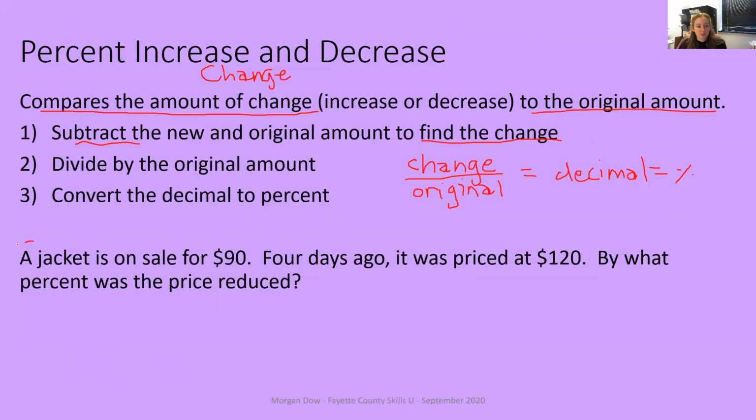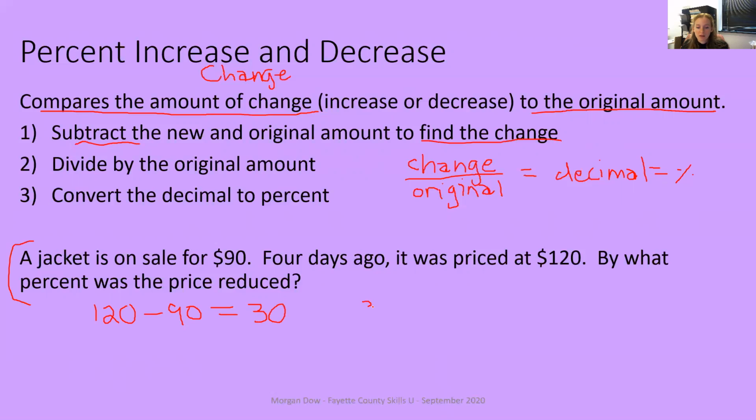So let's look at this example here. A jacket is on sale for $90. 4 days ago, it was priced at $120. By what percent was the price reduced? So by what percent did the price decrease or go down? So first thing we do is we figure out how much did it go down. So 120 minus 90 gives us 30.